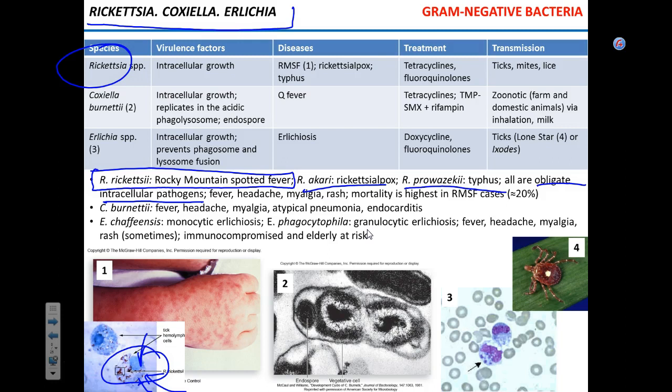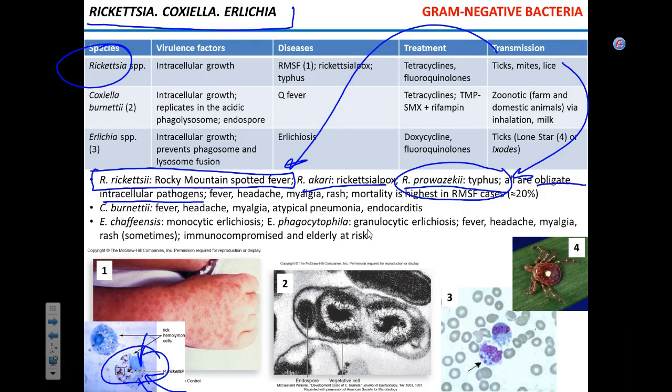Second common feature, they all are transmitted by vectors. It can be ticks, it can be mites or chiggers, or it can be lice. For instance, Rickettsia prowazekii, which causes typhus, is transmitted by lice. Rickettsia rickettsii is transmitted by ticks.